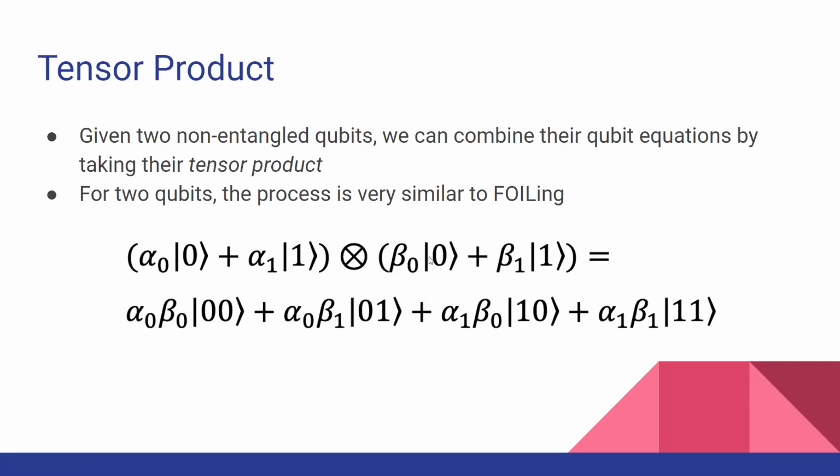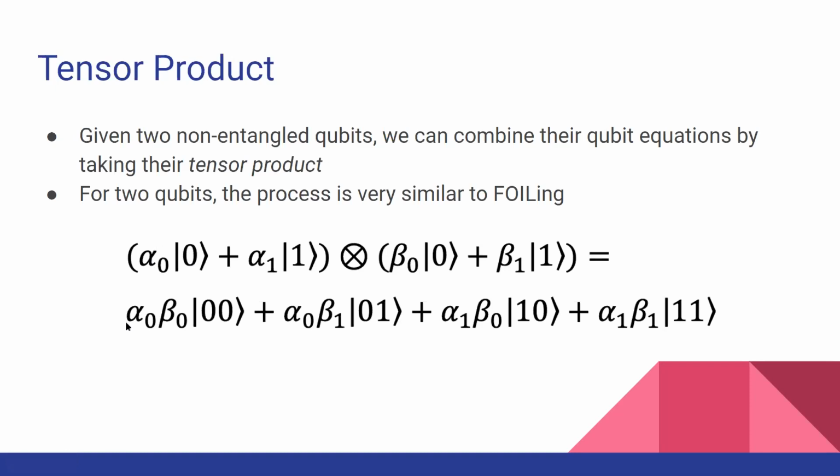If we look at the qubits separately, it's the probability that we measure the first qubit as 0 multiplied by the probability we measure the second qubit. And what is that? Well, it would be the magnitude of alpha 0 squared times the magnitude of beta 0 squared.